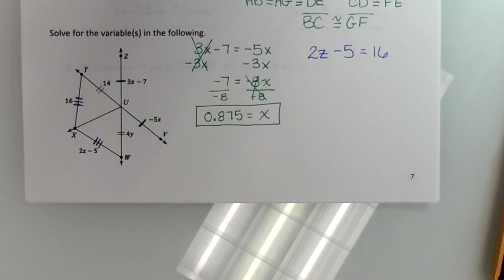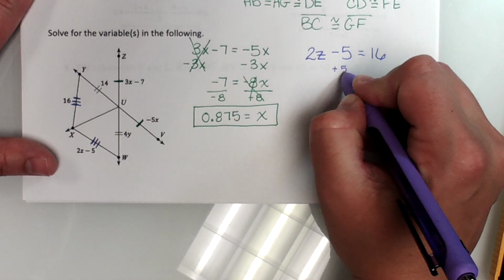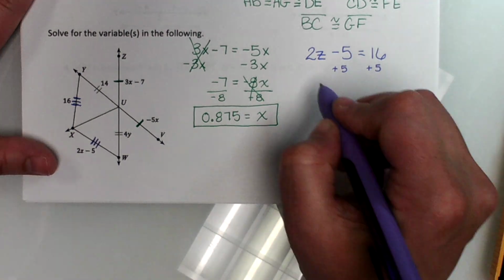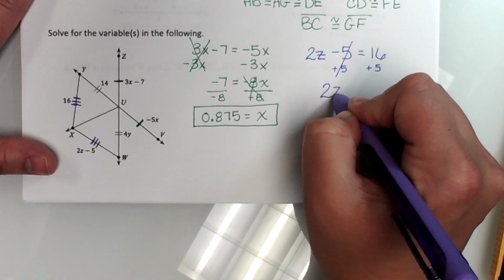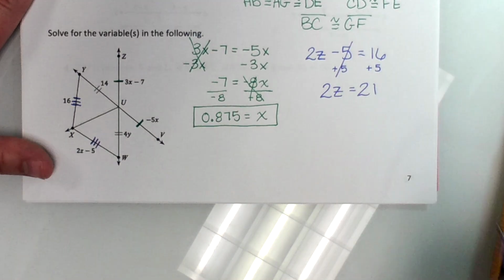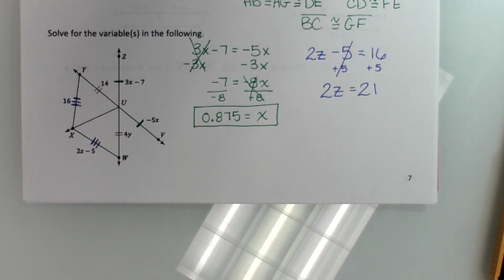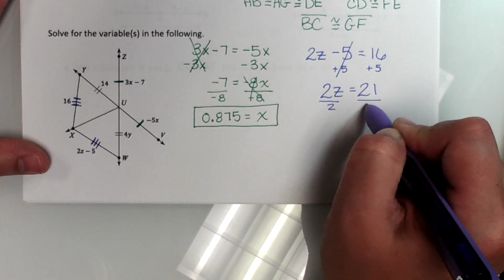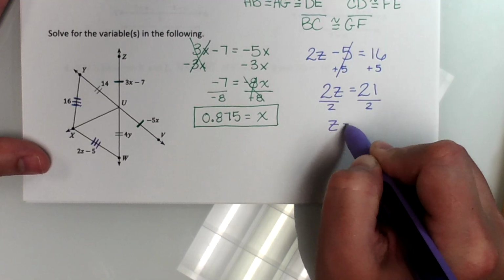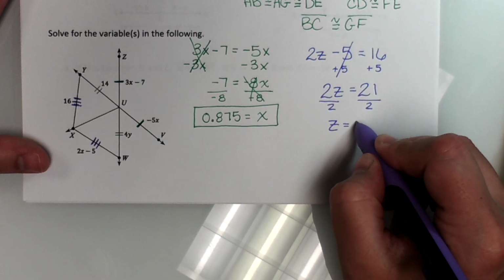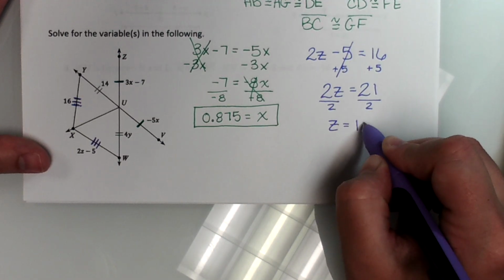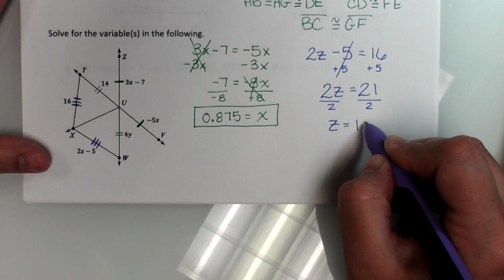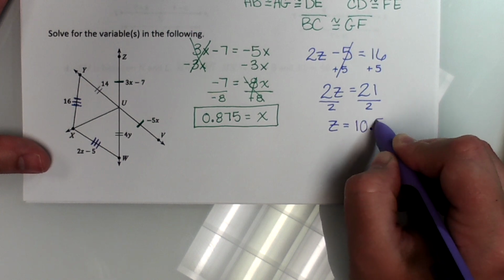Plus 5. 16 plus 5 is what? 2z is equal to 21. Divide by 2. z is 10.5.